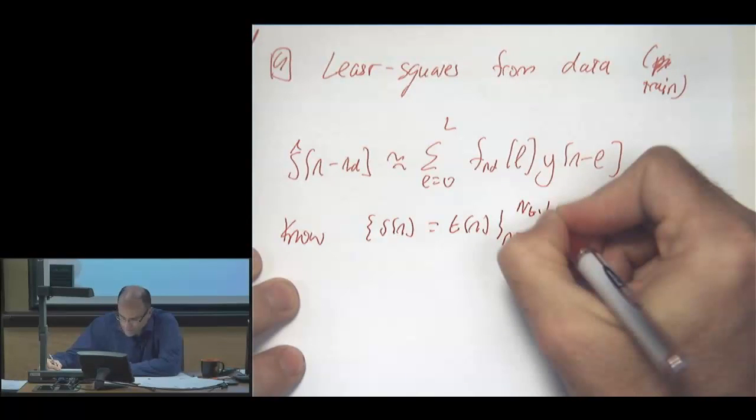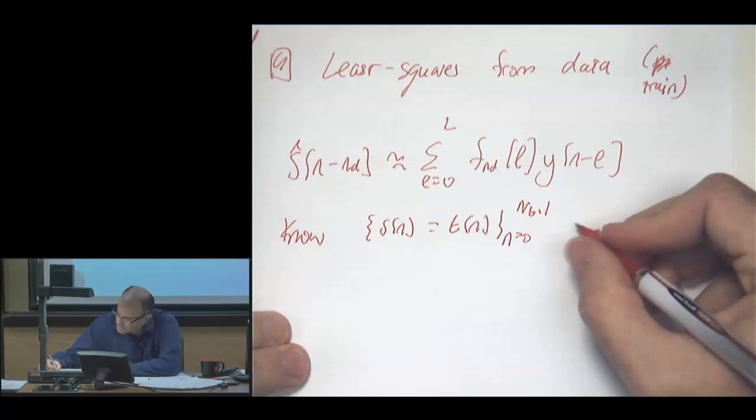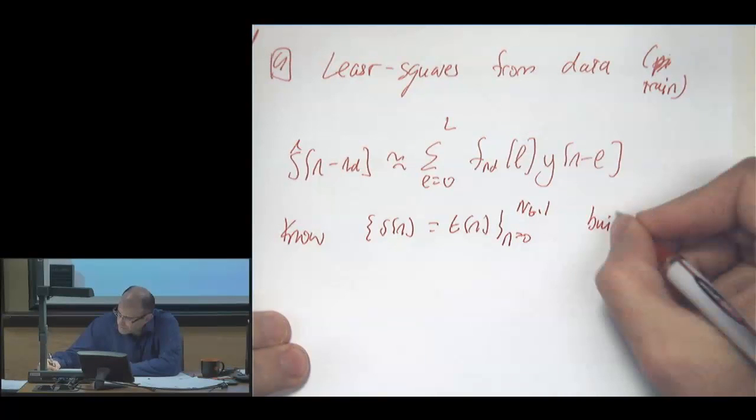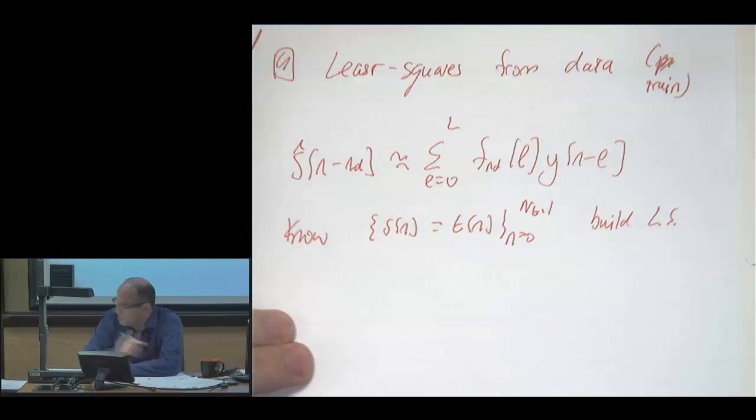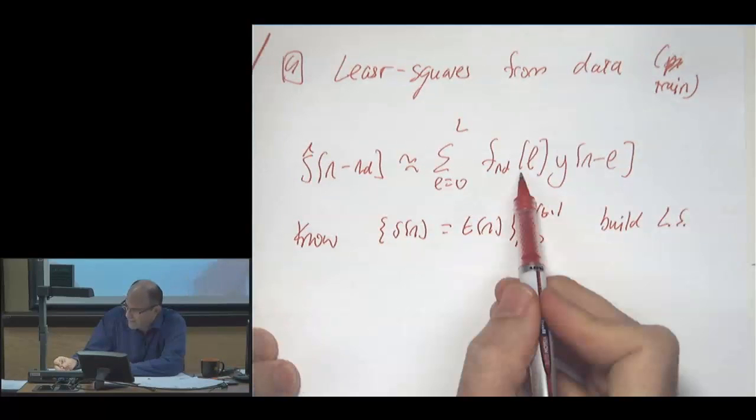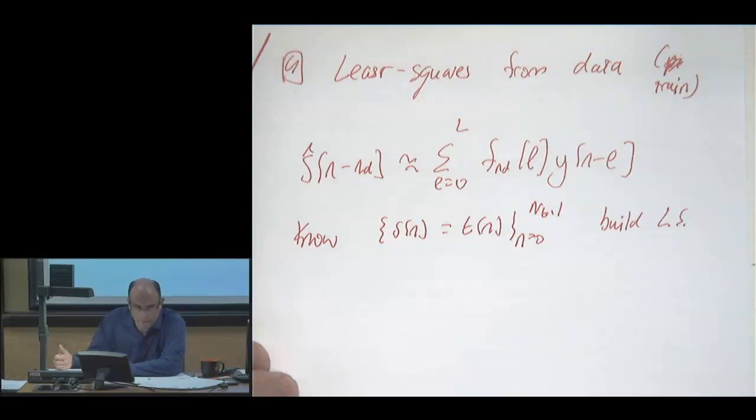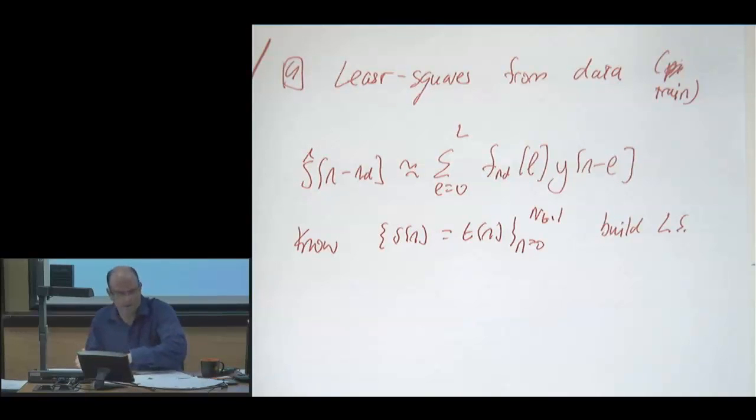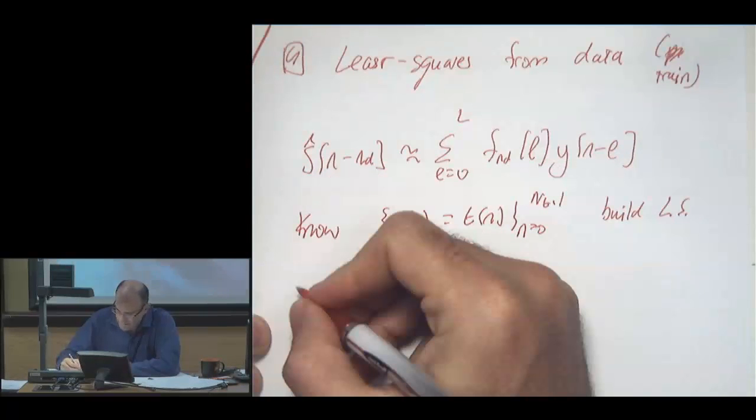So now use this directly to build a least squares solution here. Again, we're filtering y and producing s, but we know several values of s because of training. So now we're just going to stack everything together and build a big fat matrix here. So let's look at the squared error here.